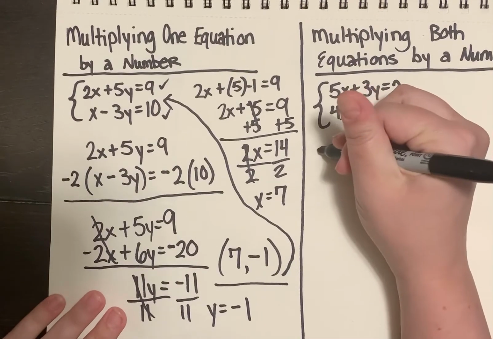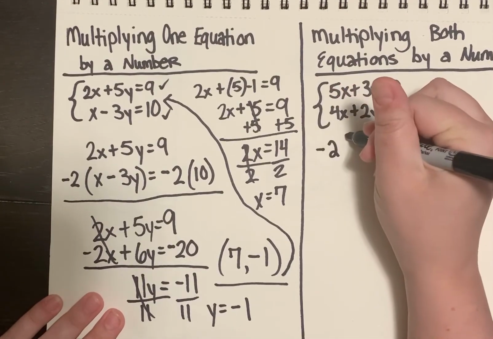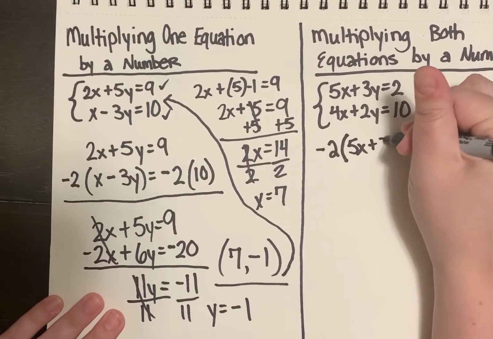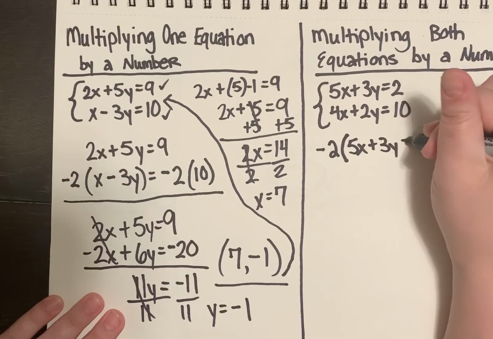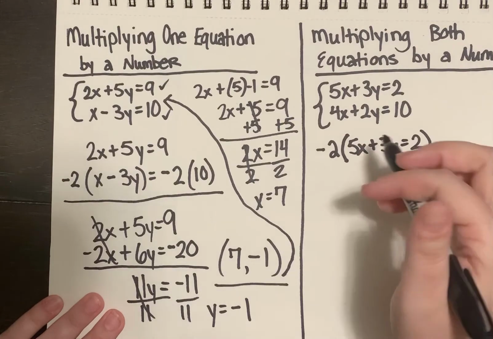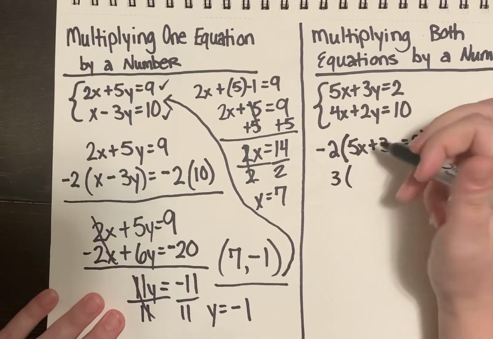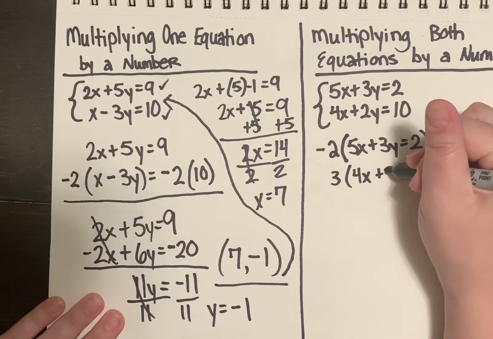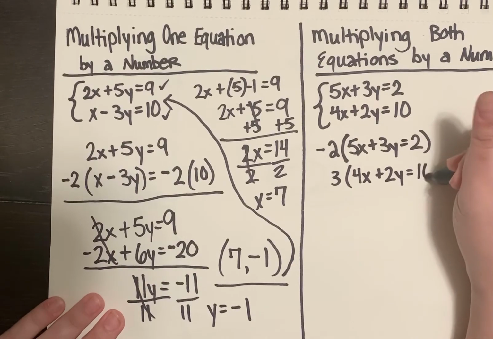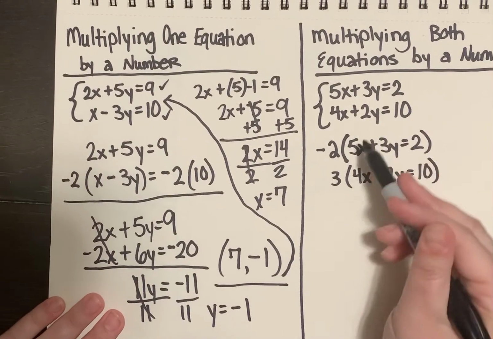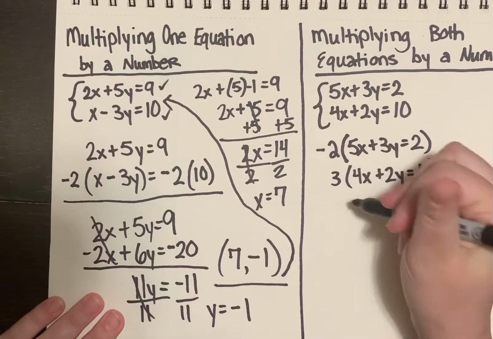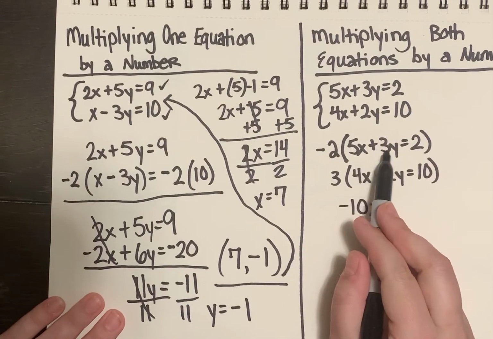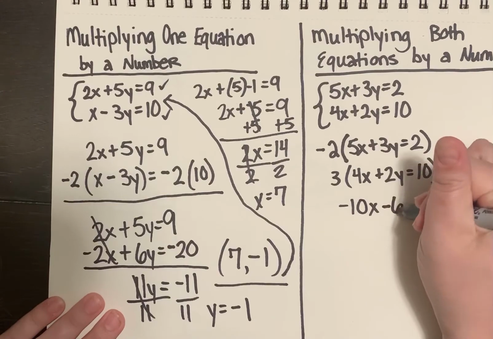Now let's see why. The first equation, I could say -2, and then this one by 3. So I have -2 times 5x is -10x. -2 times 3y is -6y.